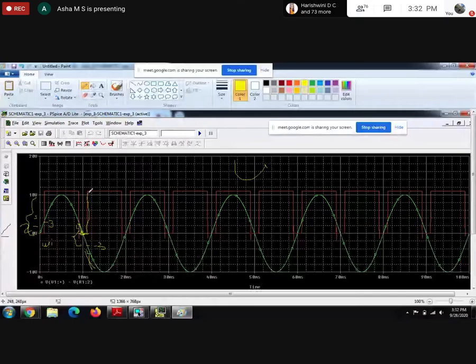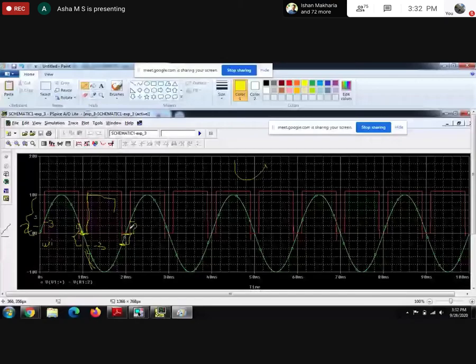It remains positive until it is above minus 3. Again, from minus 3 to positive 3 is the window, and within the window the output remains at 0.